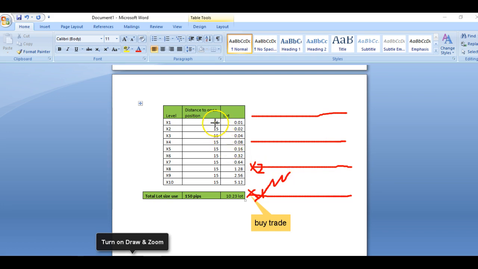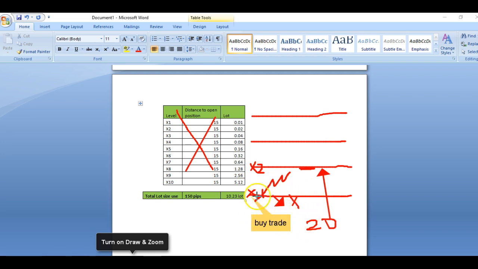If you set 15 pips for the next position, that is mainly for the losing side, so you will not use it on the buy because you are earning. For the buy trade, your TP will be 20 pips, so after it hits 20 pips here, this trade automatically closes, and it will open a new trade again.